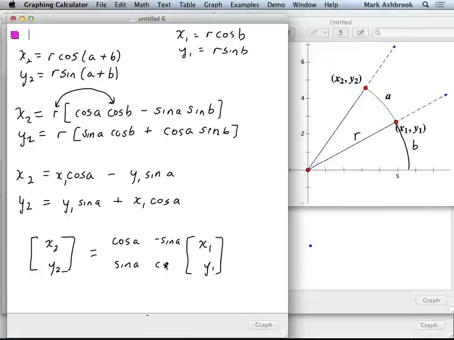Is that familiar? The rotation matrix. Right, exactly. It's the rotation matrix. So what do we got?